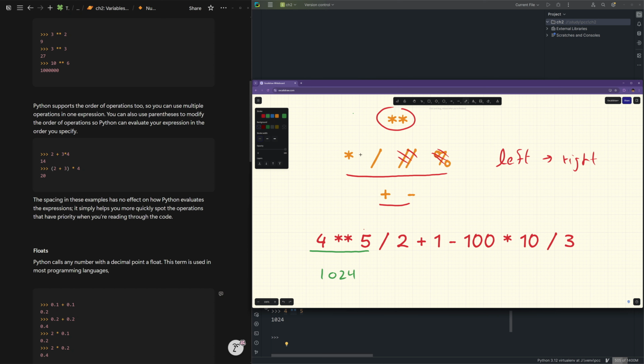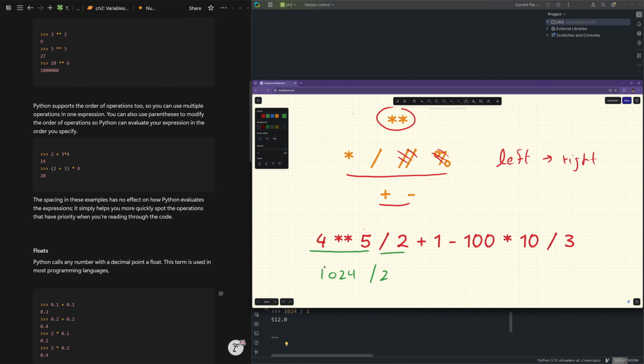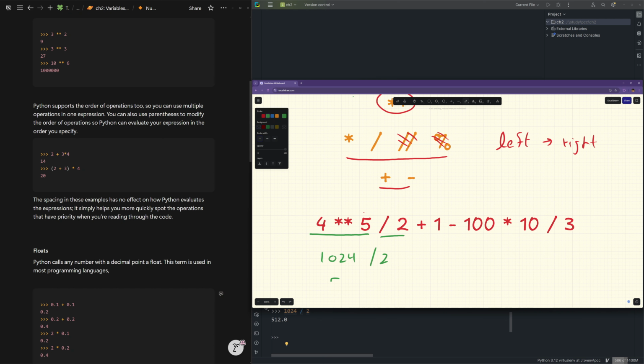Now we are done with that. The next thing that will be done is division, because that's the first thing we'll see when we read left to right. Now we are going to divide it by 2. 1024 divided by 2 is 512.